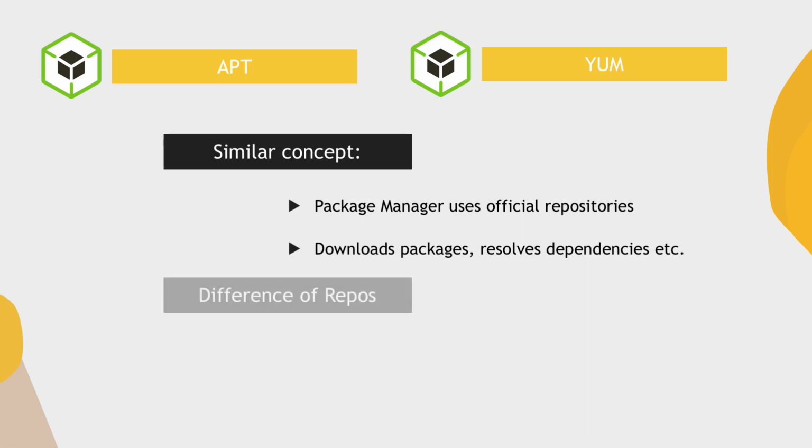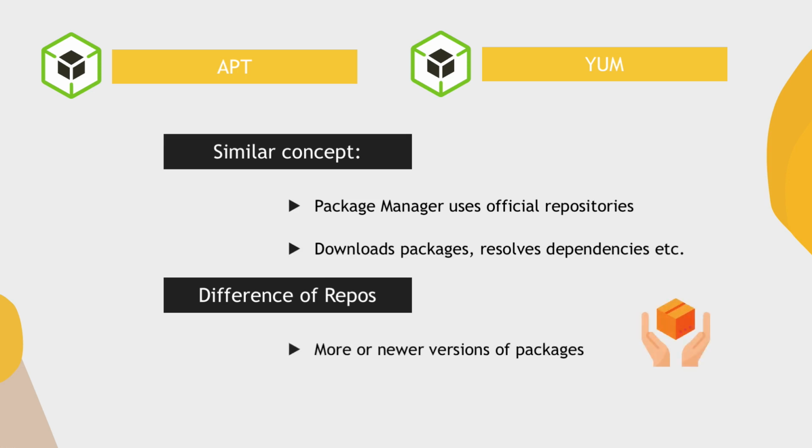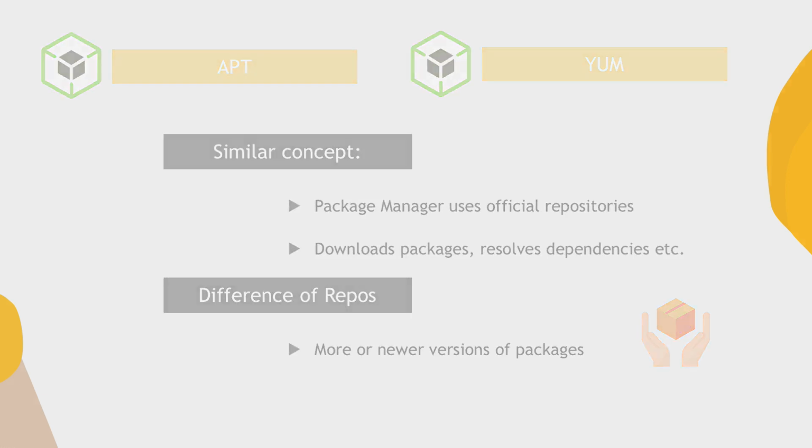However, there could be differences in the repositories that the distributions are using, such as some repositories will have more packages available than others, some will have newer versions of applications than others, etc. So the package manager tool and the repositories that different categories of Linux distributions are using is usually one of the main differentiators when deciding which distribution to choose.